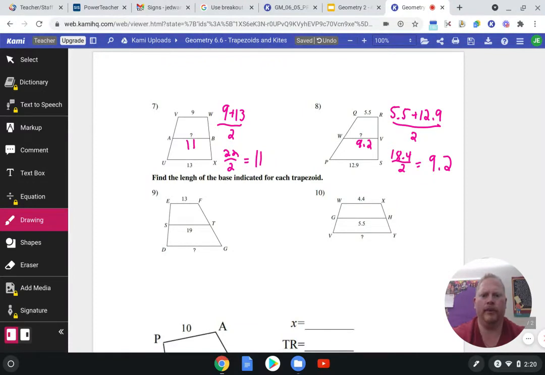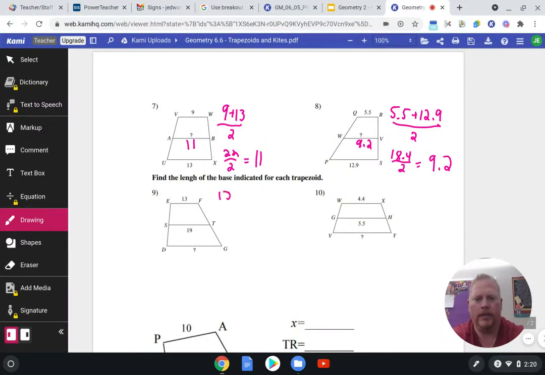Now, they'll also kind of twist this theorem on you and see if you can figure out one of the bases. So here, on number 9, I've got one base to be 13. The mid-segment is 19, but I don't have the second base. Here's one way to do it, and I think this is the long way of doing it.